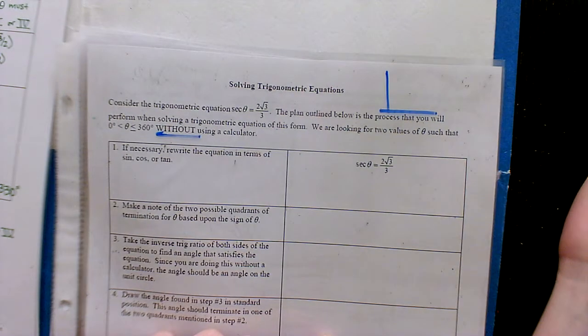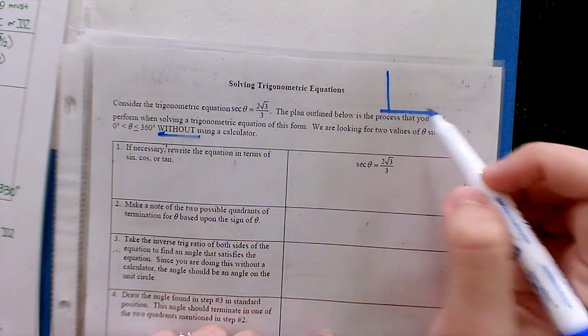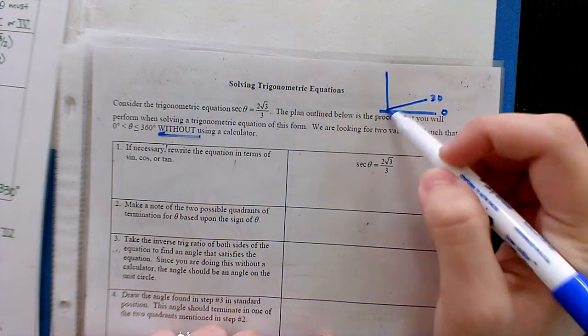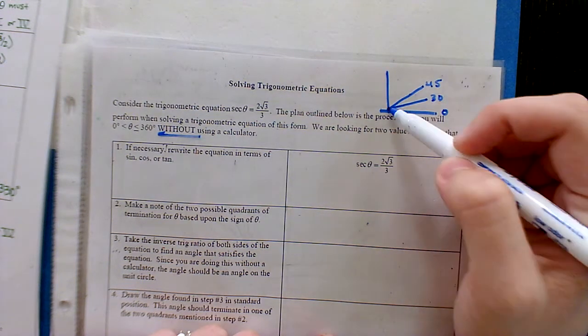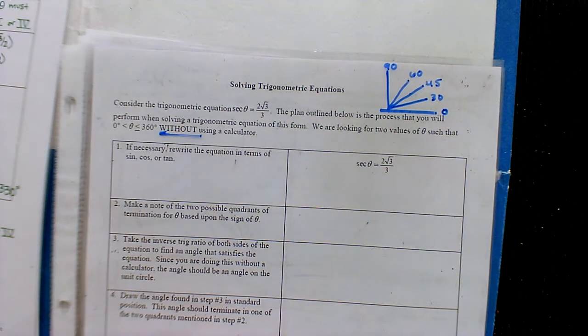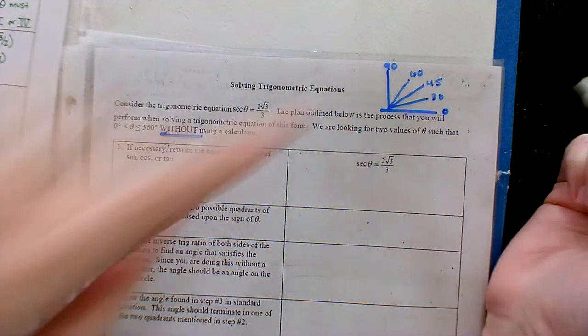So somewhere at the top, let's go ahead and draw in our first quadrant. And we normally have angles 0, 30, 45, 60, and 90. If we were to convert those to radians, what would those look like?